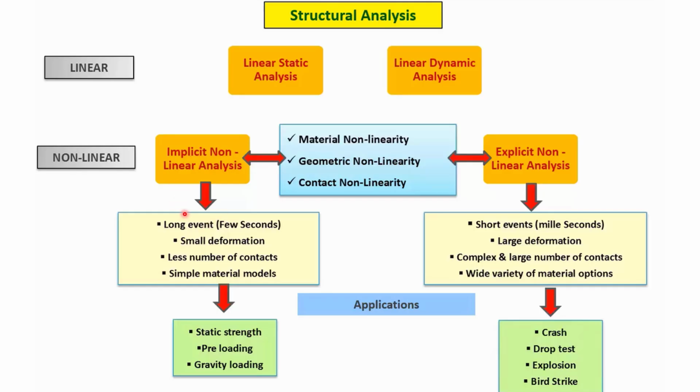I'll show you an example of where exactly it is used. In this case, we consider material nonlinearity, geometric nonlinearity, and contact nonlinearity. There is a lot to be learned later on. I'll explain everything, just remember these terminologies now.